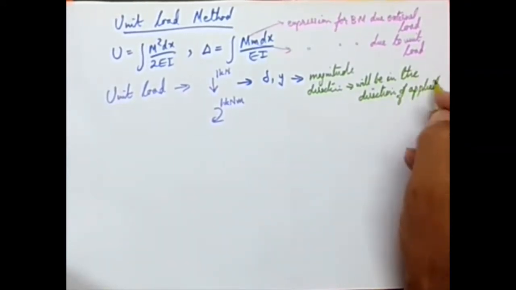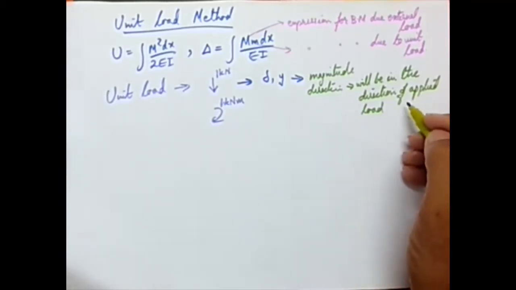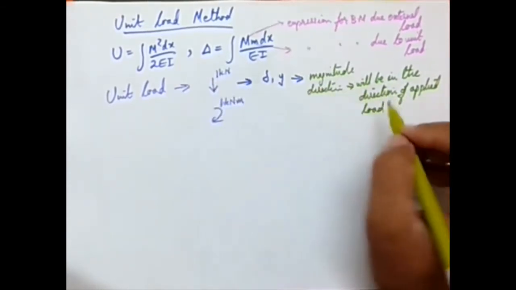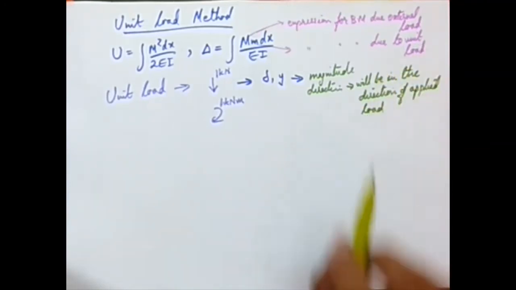So if you are applying this 1 kilonewton downward, the result will be a downward displacement. If you are applying this 1 kilonewton upward, the result will be a displacement in the upward direction.